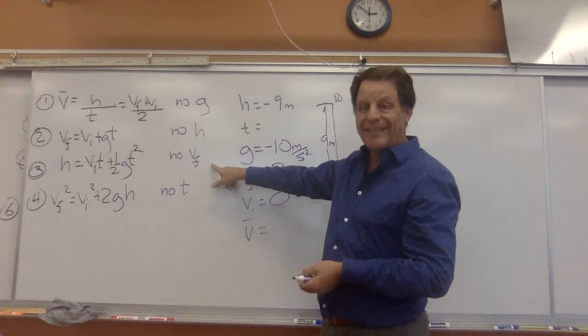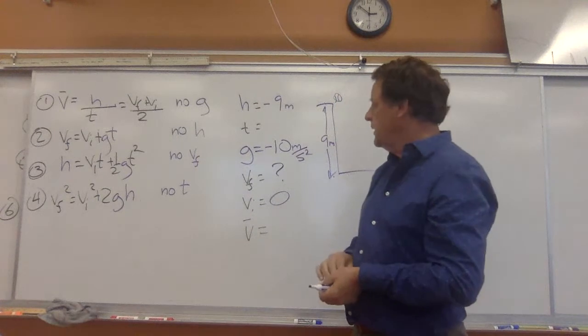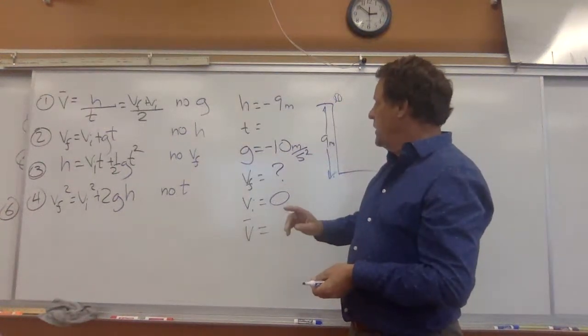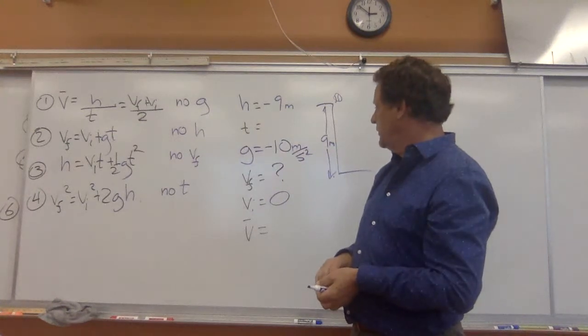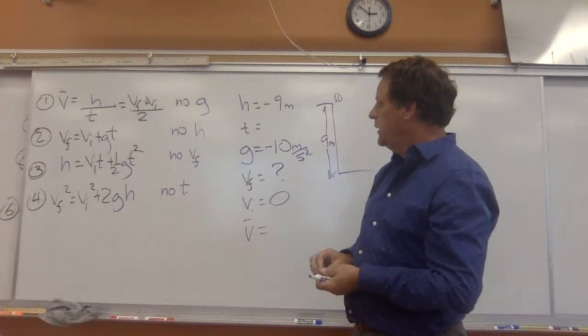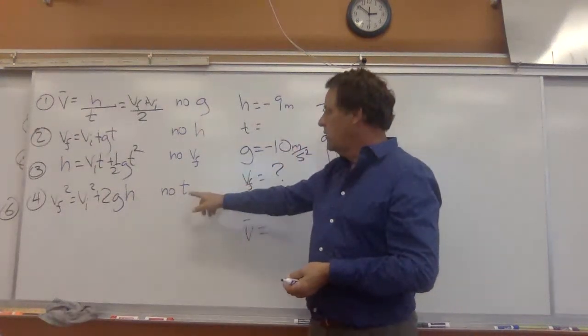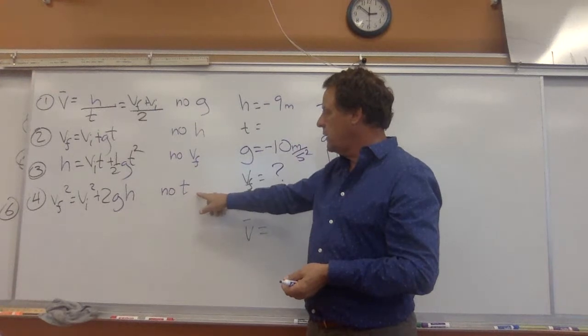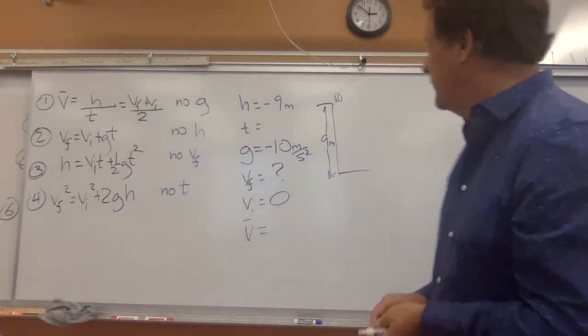Equation number 3 does not have V final, so we're not going to use equation 3. We are not given time. So it looks like we're going to use equation number 4.